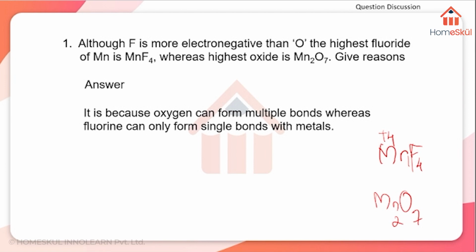So for 2 manganese, it comes to be plus 7 each. So in MnF4 and Mn2O7, fluorine is more electronegative than oxygen, but the oxidation state of manganese in the oxide is more than in the fluoride. Why? Because fluorine forms only single bonds with metals, whereas oxygen forms multiple bonds with metals. That is why this happens.